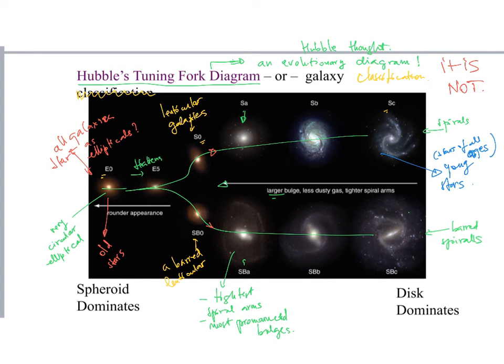Which is kind of weird, right? You don't start the galaxy with very old stars, which will evolve into the young ones. So this is why this tuning fork is not an evolutionary diagram. And we are going to, again, talk about what we learned about how galaxies form and evolve in the next.